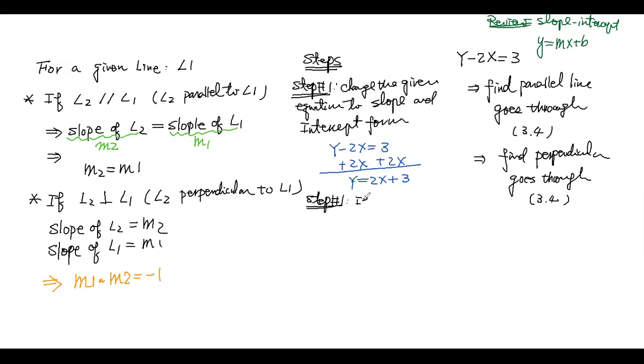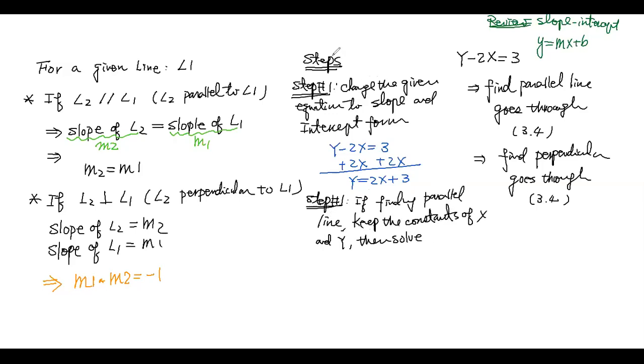Okay, if it is finding the parallel line, right? So if it's finding the parallel line, then keep the constants of x and y, and then solve for b.